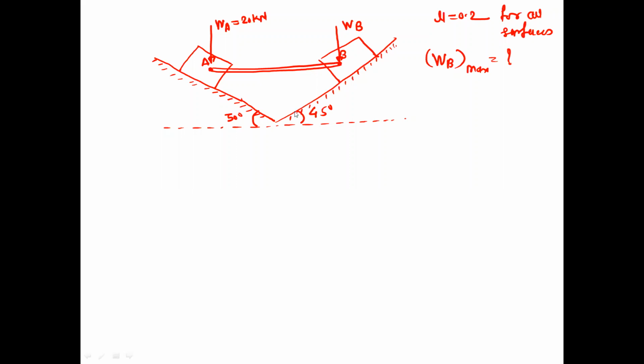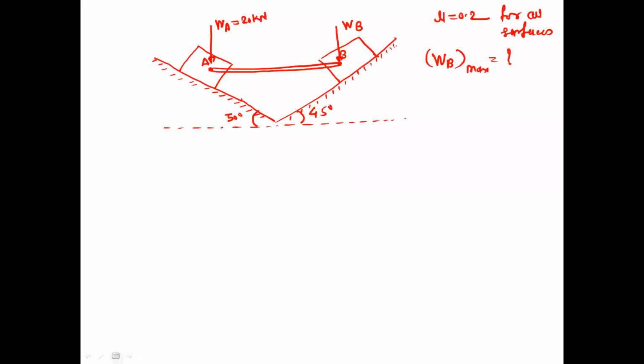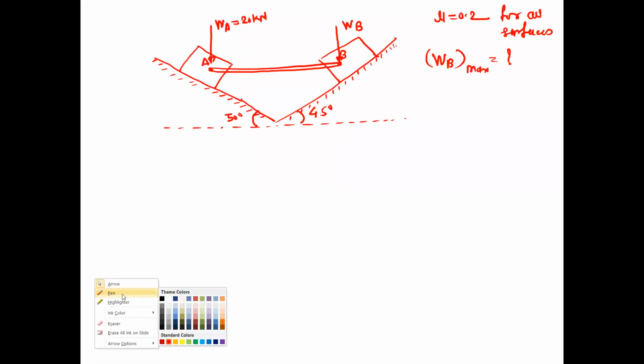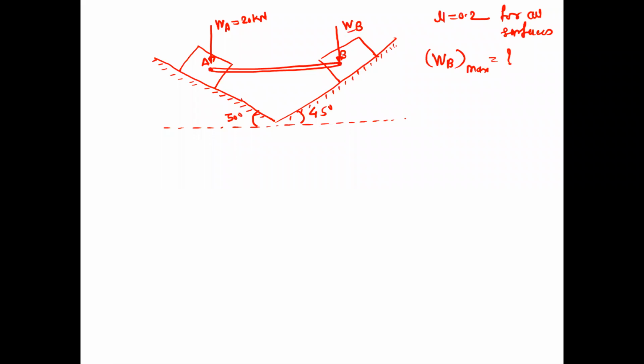The weight of block A is 20 kilonewton, and we have to find out the maximum weight of block B so that the rod AB will remain in horizontal equilibrium, and the coefficient of static friction is 0.2 for all the contact surfaces. So the question is, find out the maximum value of W so that this rod AB will remain in the horizontal position.